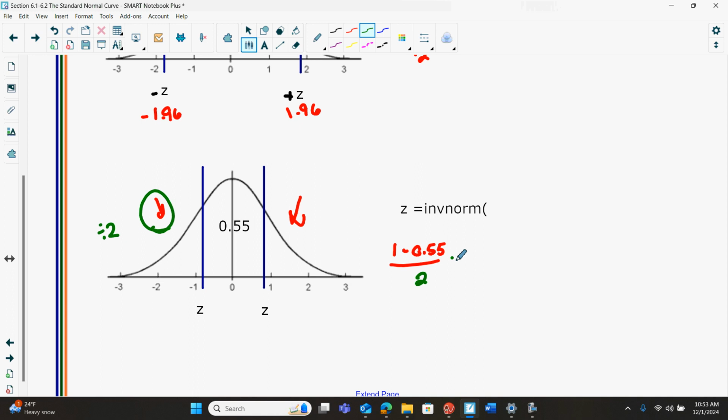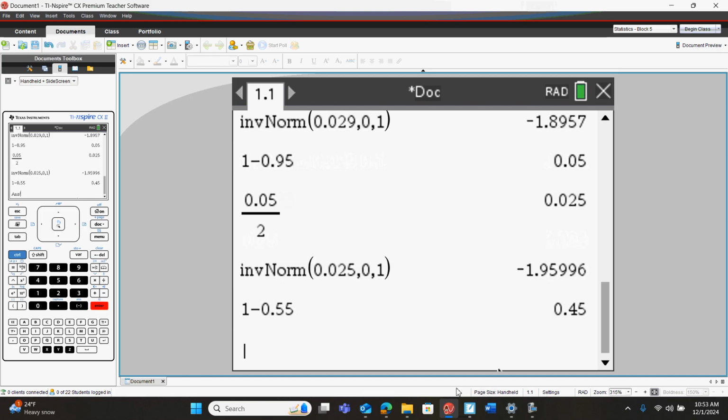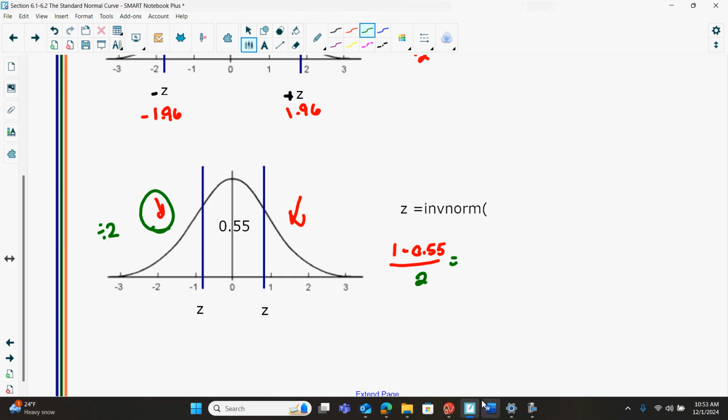Let's go to our calculator: 1 minus 0.55, divided by 2, is 0.225. So we're going to do inverse norm, 0.225, 0, 1.